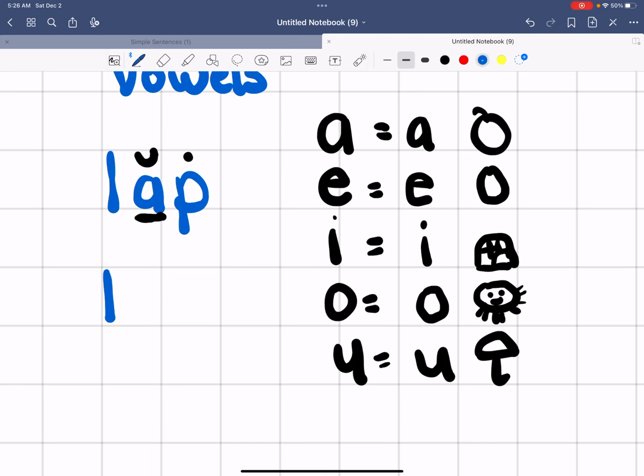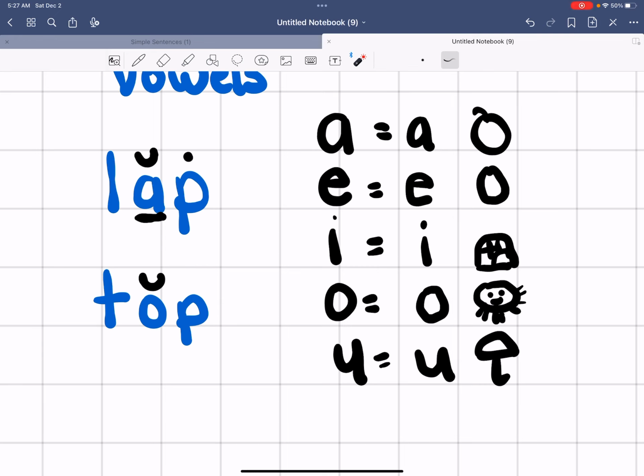Now, let's write the second word. That word says top. Again, short vowel. If we go back to our little drawing, we have octopus. So T, O, P, top. So we have the word lap and we have the word top.